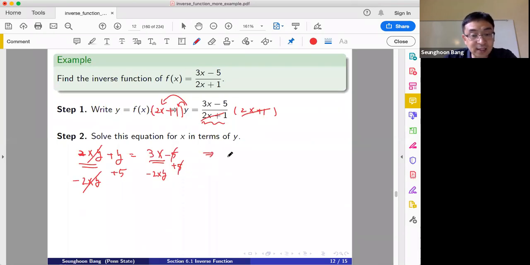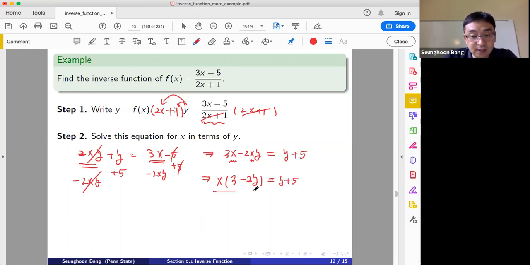The right hand side is 3x minus 2xy equals, the left hand side is y plus 5. The next, factor out x: x times 3 minus 2y equals y plus 5.